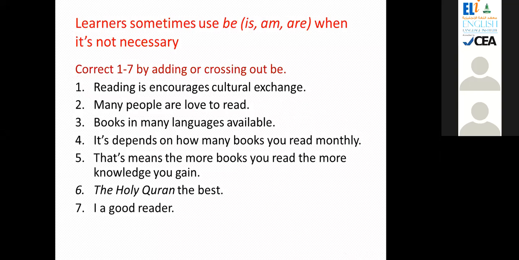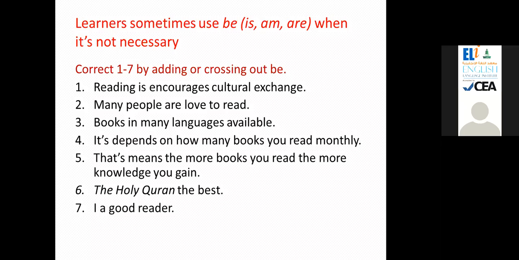Reading encourages cultural exchange. So I will omit one of the verbs. I see 2 independent verbs following each other, so either choose "is" or "encourages". So we cross out "is" because it makes sense when I say reading encourages cultural exchange.